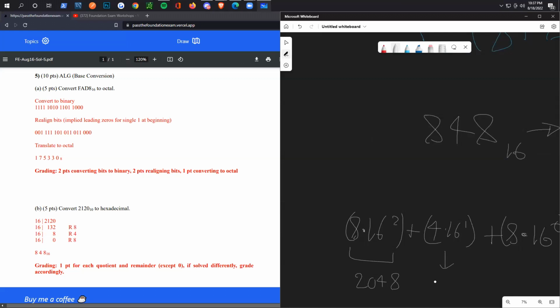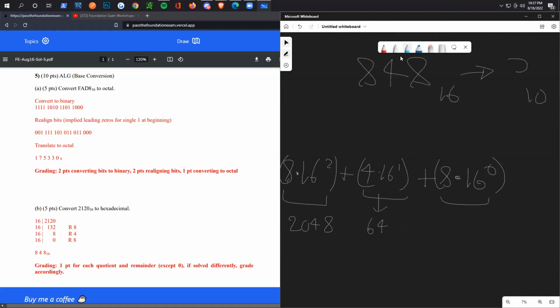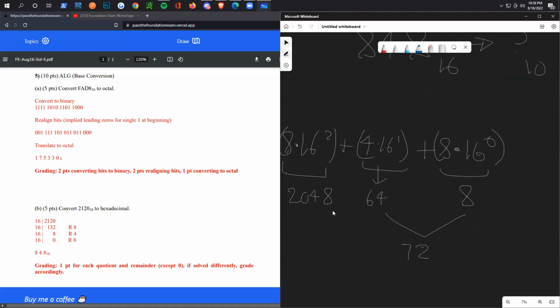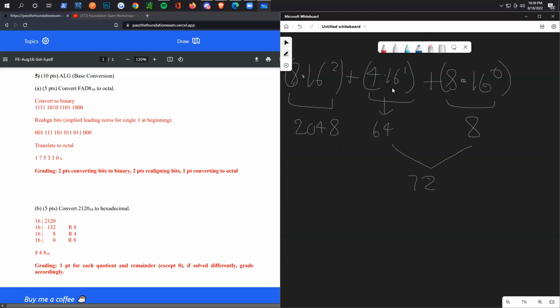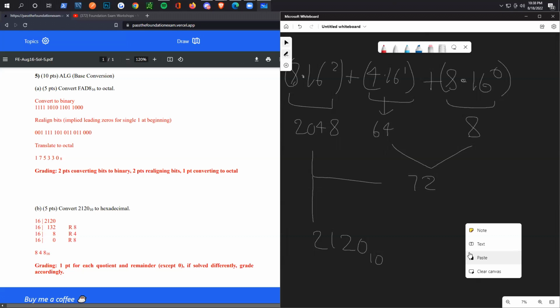This is going to give you 64. And this right here is going to give you 8. 64 plus 8 is 72. And these two numbers right here end up adding up to 2120. So that's how you end up with that in base 10.